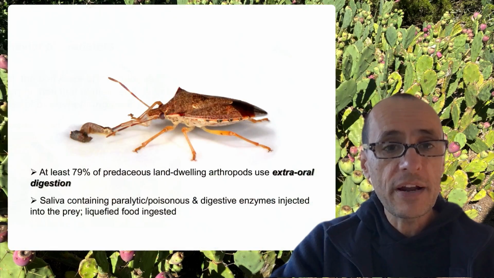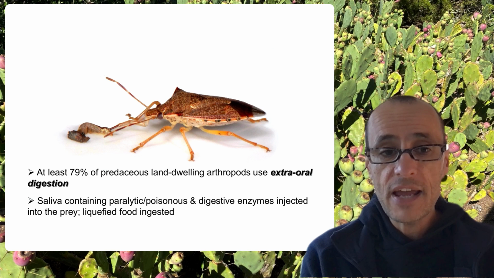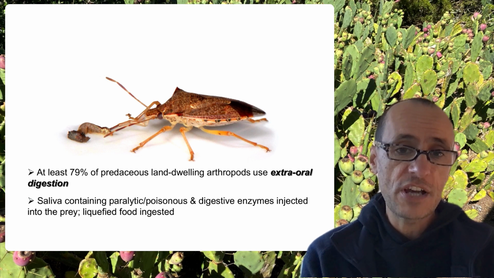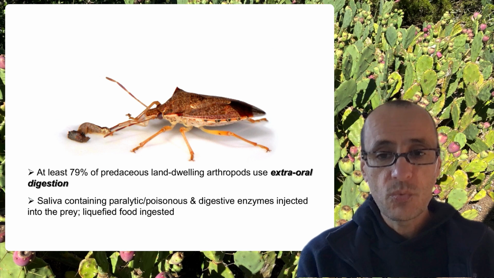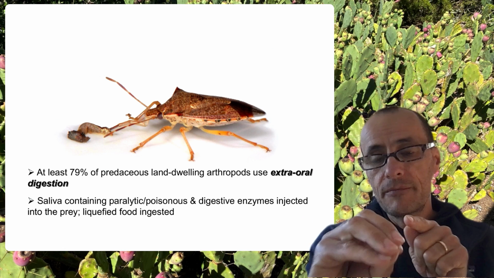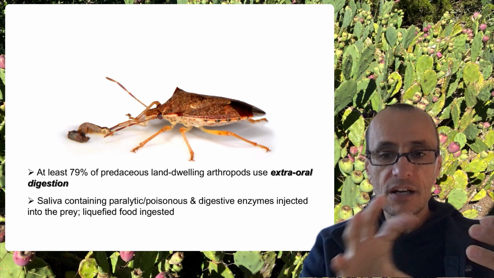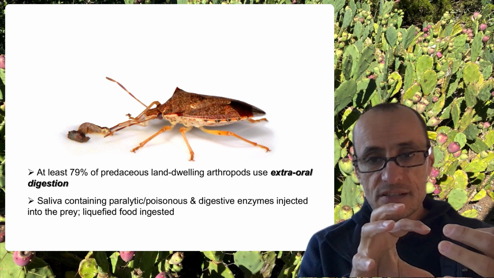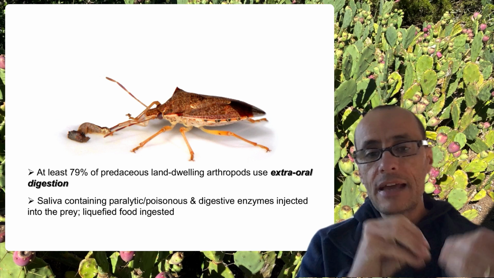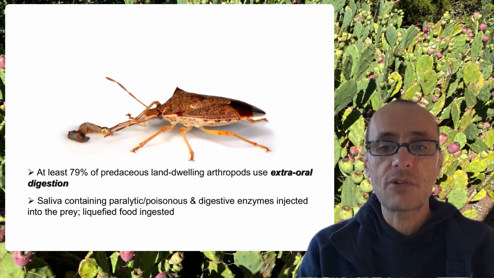There are some predators that consume their prey using a form of digestion referred to as extraoral digestion, like these pentatomids here, which will pierce an insect and then secrete salivary enzymes or other sorts of proteins into the carcass of its prey, basically making it liquefy and digesting it outside of the mouth, outside of the body, which is why it's referred to as extraoral digestion.